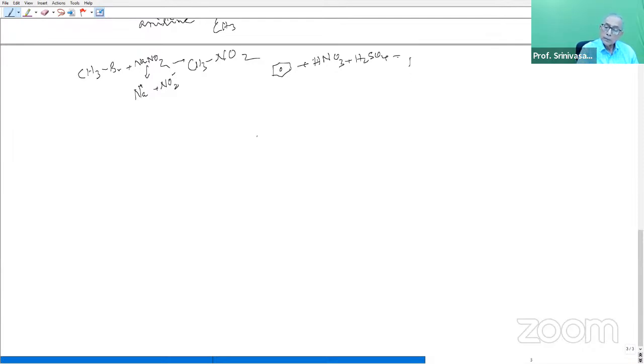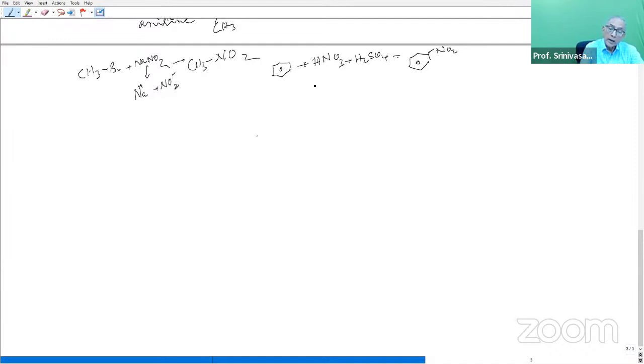This will produce nitrobenzene. This is an example of a typical electrophilic aromatic substitution.